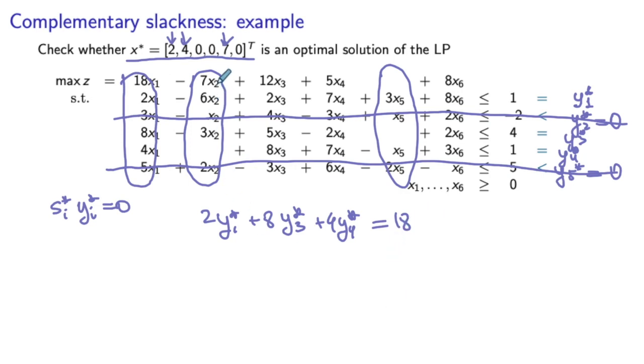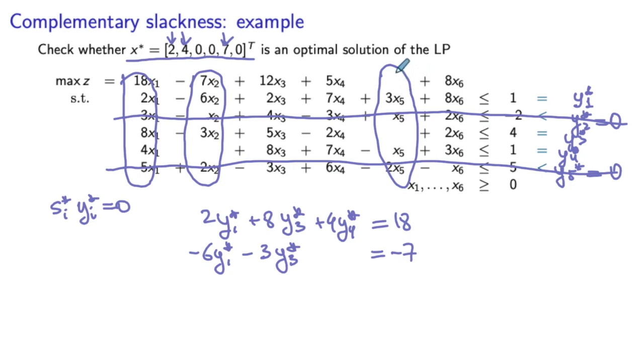So then we will have the second binding constraint corresponding to the column of x2. In this case, we'll have minus 6 y1 star, then minus 3 y3 star, and then plus 0 here and plus 0 here, right? So this will give us negative 7.